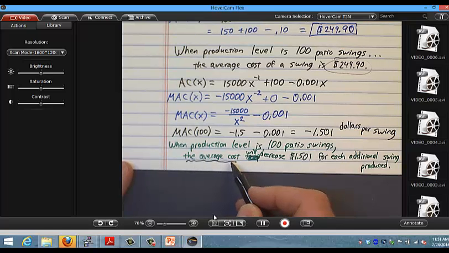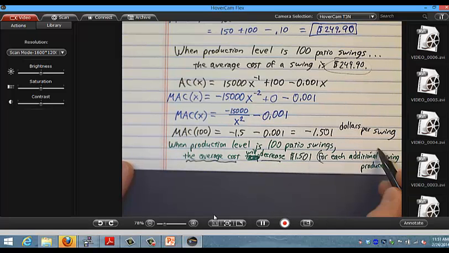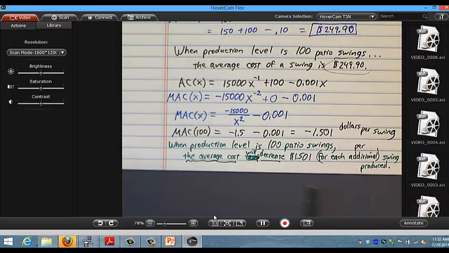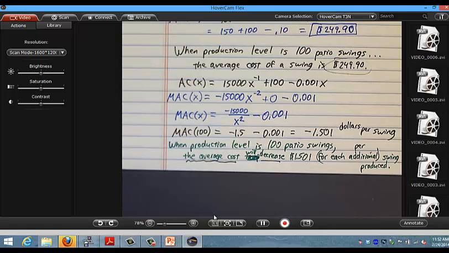The average cost will decrease. Again, I said for each additional, I guess another way you could say that is per additional swing. It's a rate. Does that make sense? So in theory, if you made 101, it should be the $249.90 minus $1.50. So it'd be $248.40. That's right. That's what it says. You guys get that? A marginal function is a rate of change of a function. I think this is a nice example to show you how those things play out.